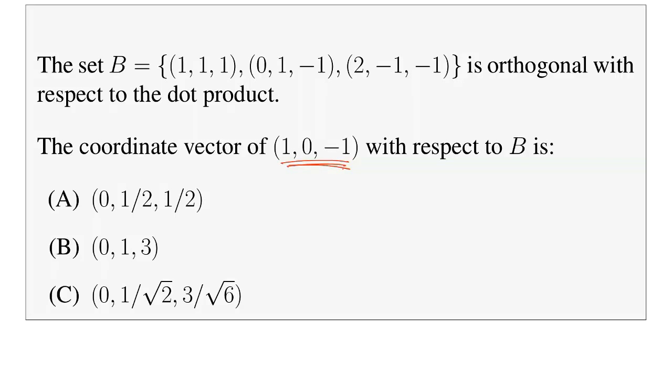We can use our previous theorem to express this vector as a linear combination of the things in B, and we want to use the orthogonality of B to do this. If you didn't know B was orthogonal, you'd have to sit down to do Gaussian elimination, which is tedious. But because we know B is orthogonal, there's a nice way of expressing this thing as a linear combination of the things in B.